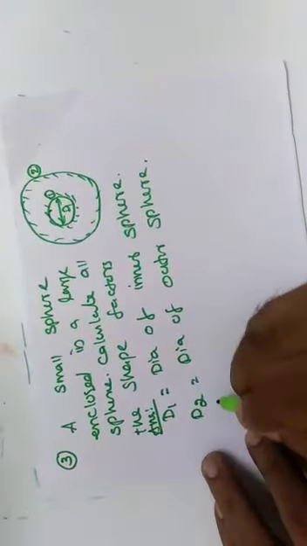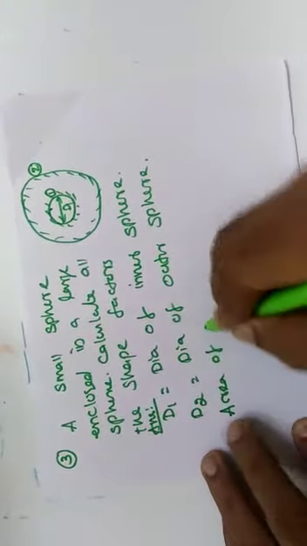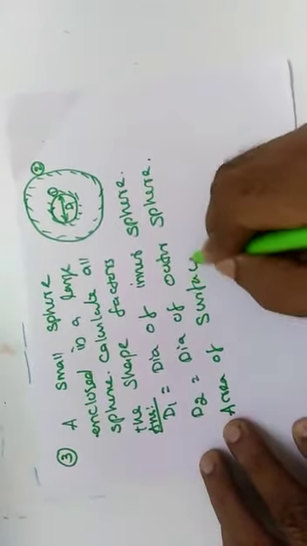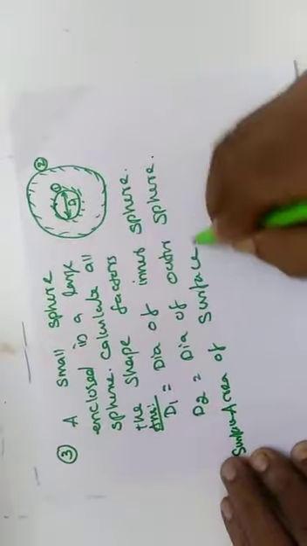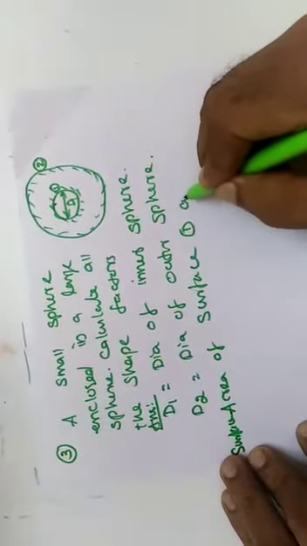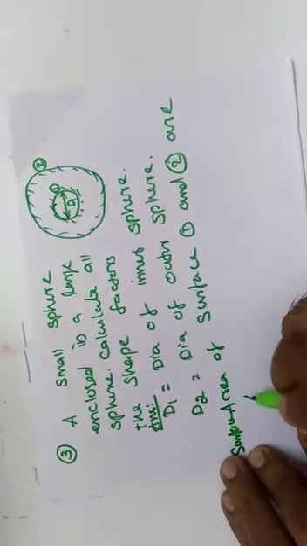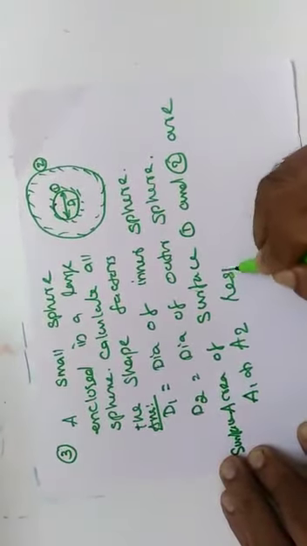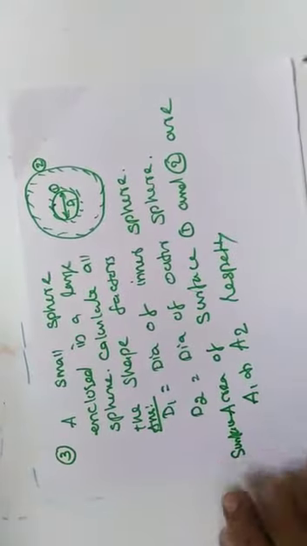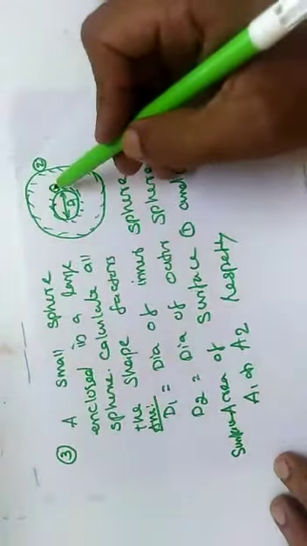Let the surface areas of surface 1 and 2 be A1 and A2 respectively. Now the question is, what are the shape factors?